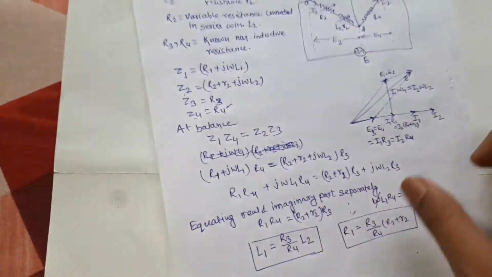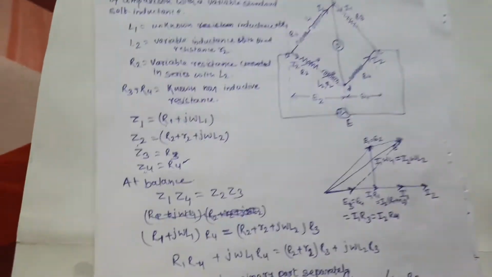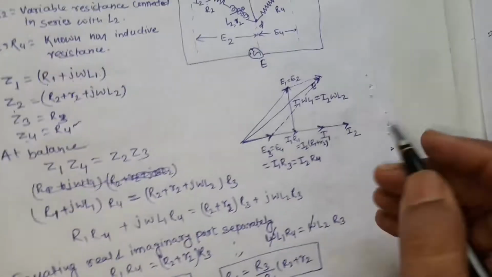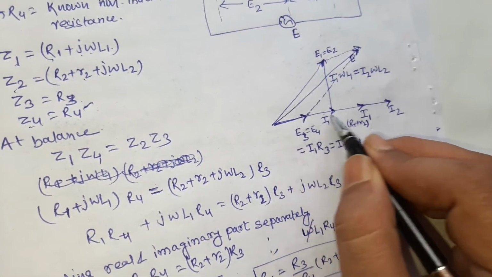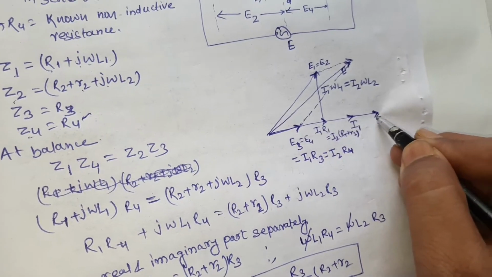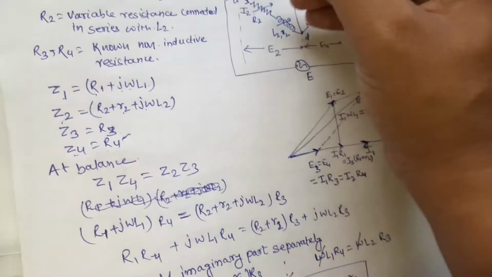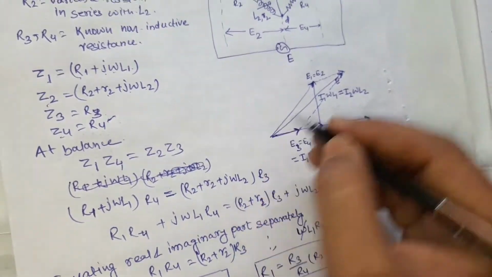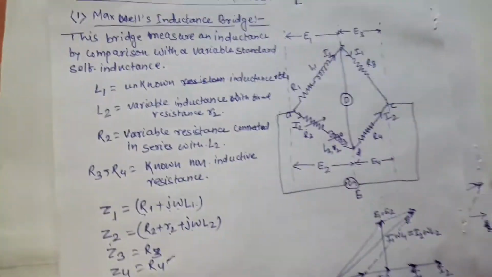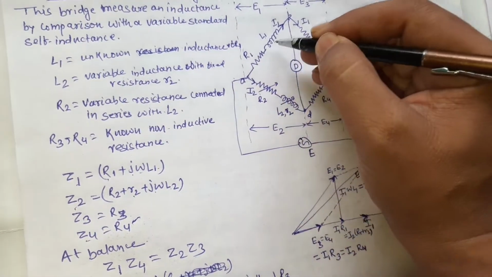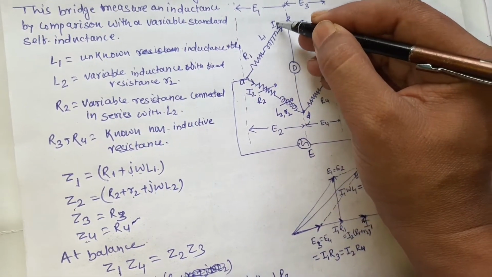Now we have to draw the phasor diagram of Maxwell's inductance bridge. Suppose this is the I1 current, I1 and I2 are in the same phase. So you can observe that I1 into R1 plus j omega L1 is equal to E2.